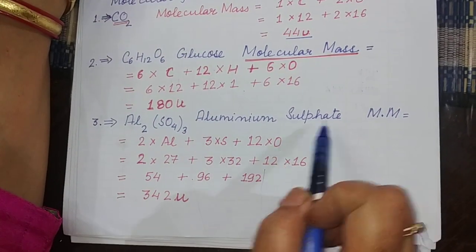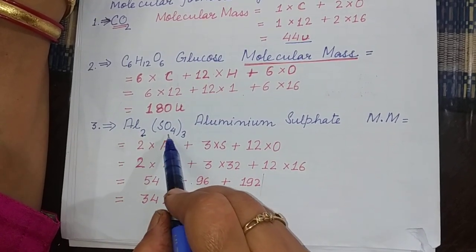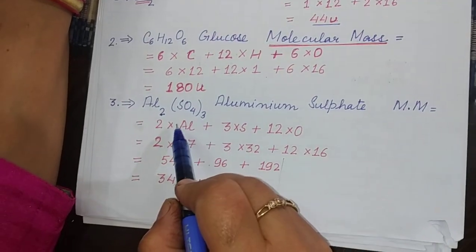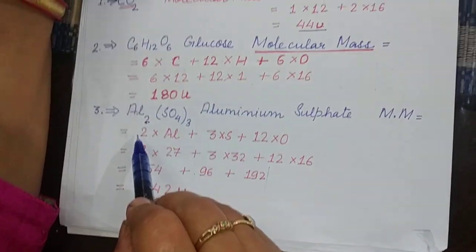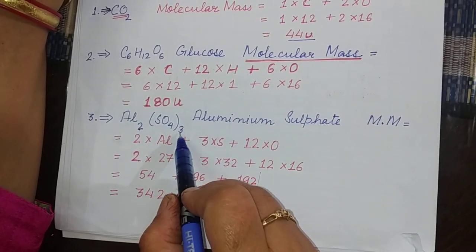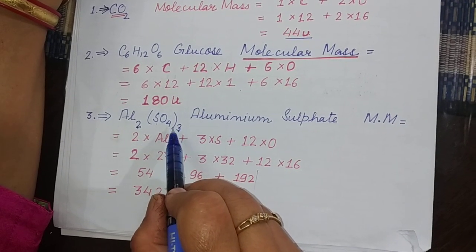Aluminium sulfate is made up of 2 aluminium atoms and they have 3 sulfate radicals. So when you are calculating the molecular mass, you will write 2 into Al plus 3 into S, because as you can see, SO4 is whole thrice.